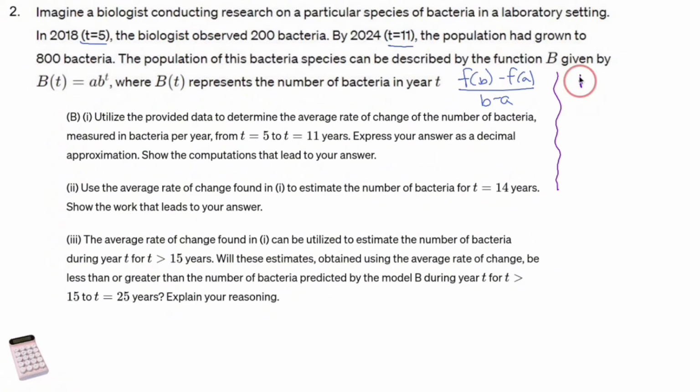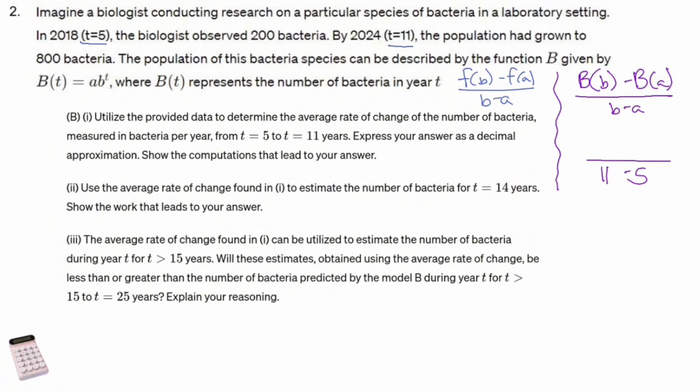I'm going to write out B of b minus capital B of a over b minus a. Okay, now I know what these are. These are going to be my b and my a, so they're going to be 5 and 11, but let's do 11 minus 5 in that order. I don't know why I would put it the other way. Yay.